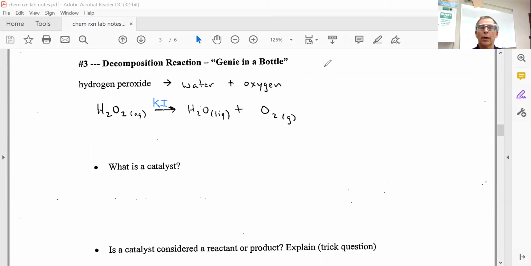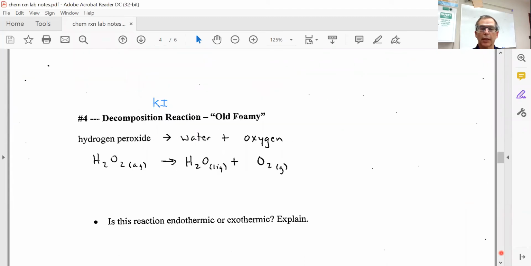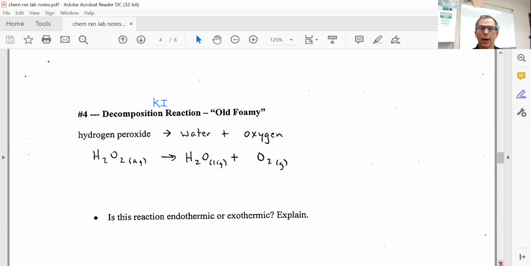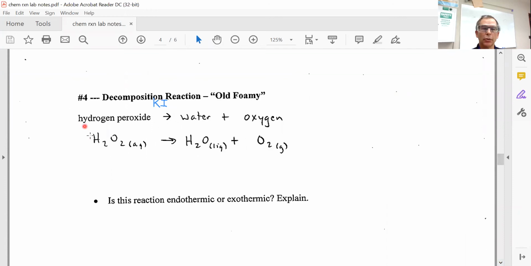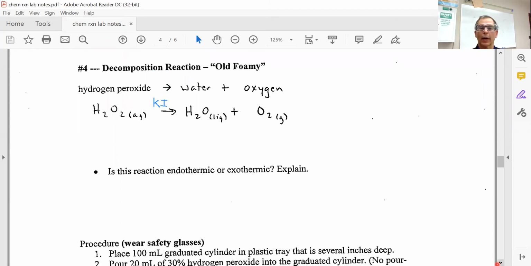Let's scroll down and look at a couple of the other questions for number 4. You can see their procedure there. Again, this would be balanced with a 2 to 2 to 1. We would have an NaI catalyst, but it's the iodide as the active ingredient. Is this reaction endothermic or exothermic? Both of these hydrogen peroxide reactions were exothermic.